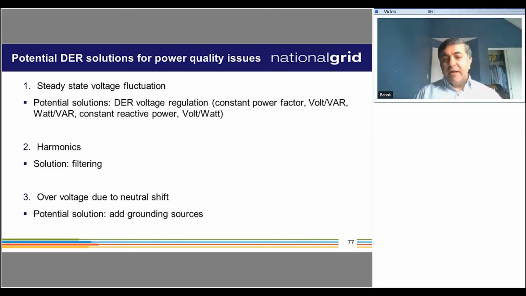In terms of harmonics, in case you see the harmonic levels increasing, filtering, of course, is the obvious solution.